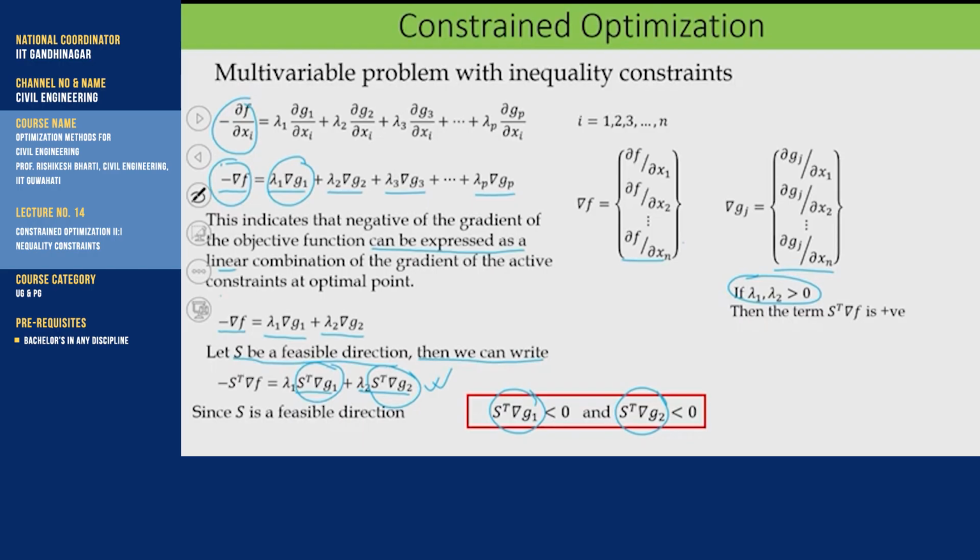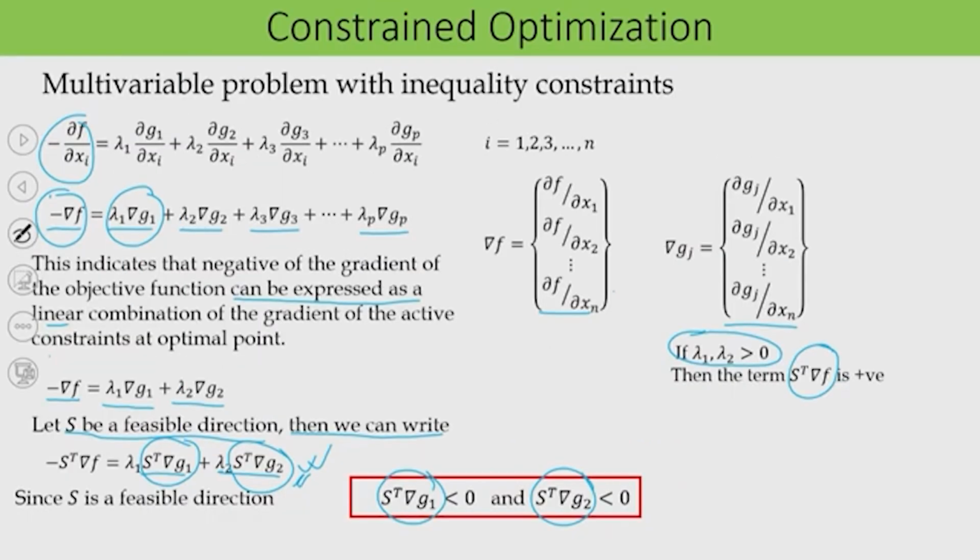Then S transpose del f will be positive, because S transpose del g 1 and S transpose del g 2 are negative. So, if lambda 1 and lambda 2 are positive, then S transpose del f is positive. So, what does it mean basically?